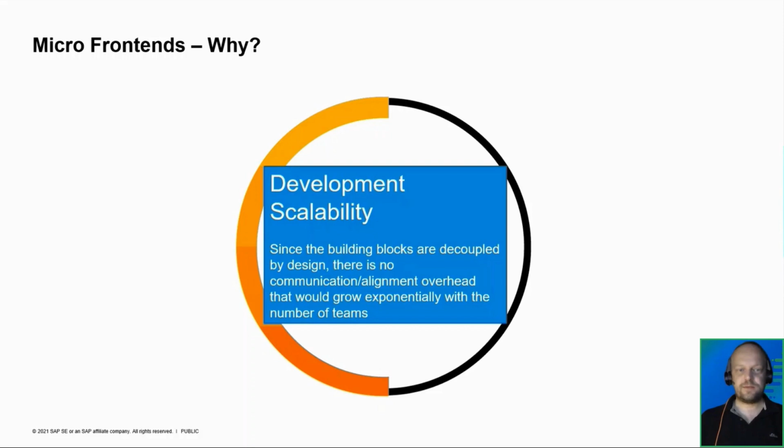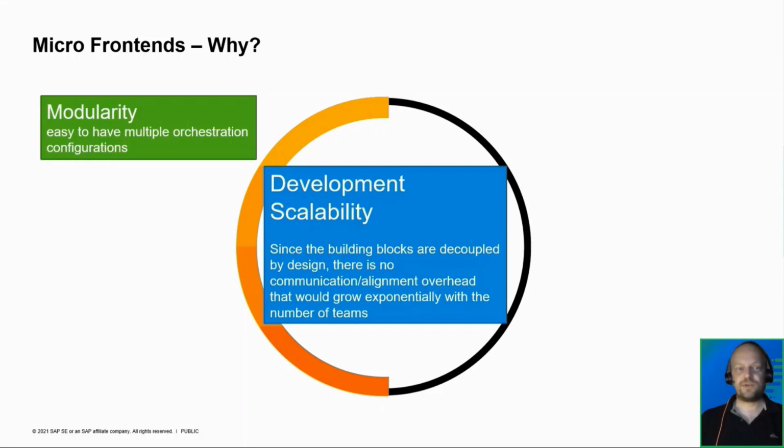So, for example, modularity. Since all the building blocks are decoupled, you can have multiple orchestration configurations. That means you can have multiple feature sets that you offer to your customers, maybe based on what they are willing to pay for.